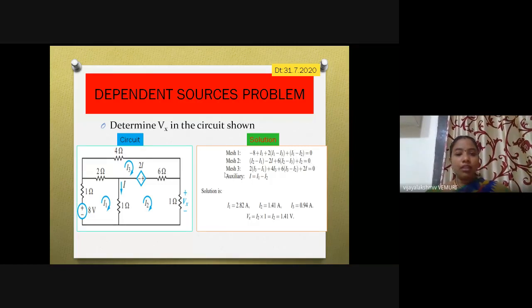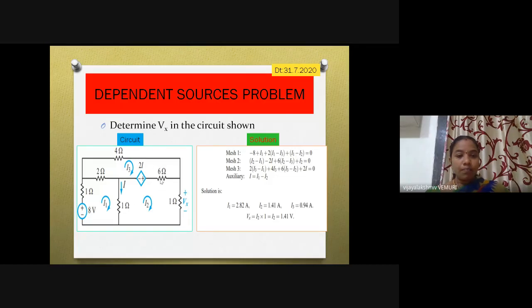Hope you have taken down the circuit and applied KVL to each and every mesh. Next, coming to the third mesh, start from here, plus 4 into I3, since I3 is the current flowing through the 4 ohm resistor. Next, plus 6 into (I3 minus I2), because the 6 ohms resistor is in between the third mesh and the second mesh.